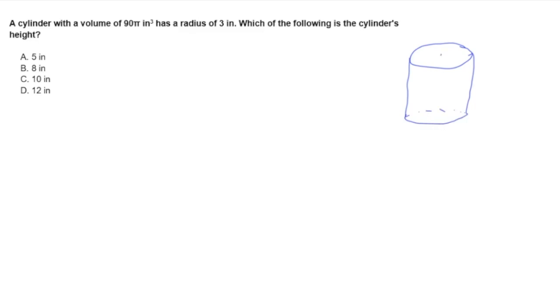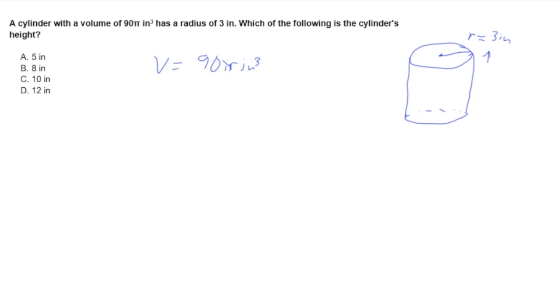And our radius, if we look at the circle, that's from the center out, we're given that it's equal to 3 inches. Our volume is equal to 90 pi inches cubed.